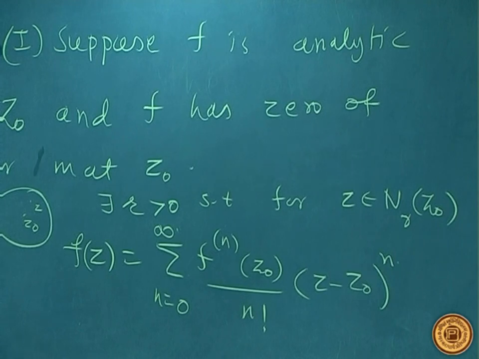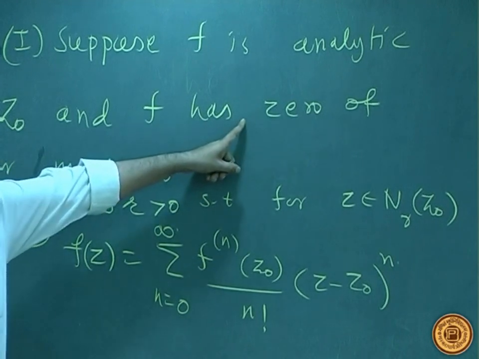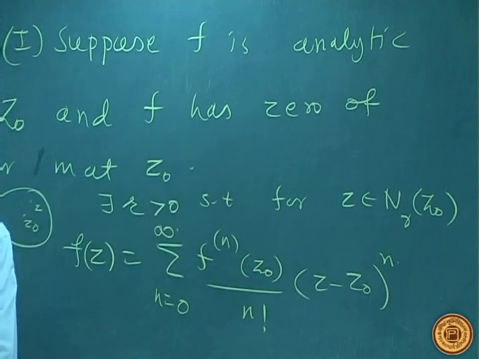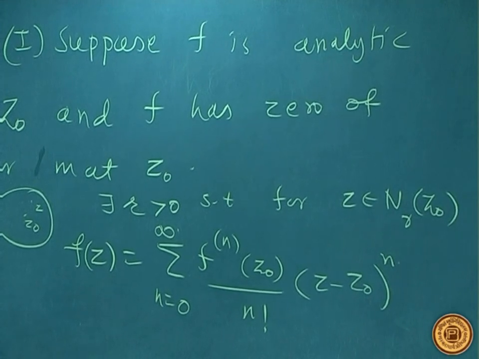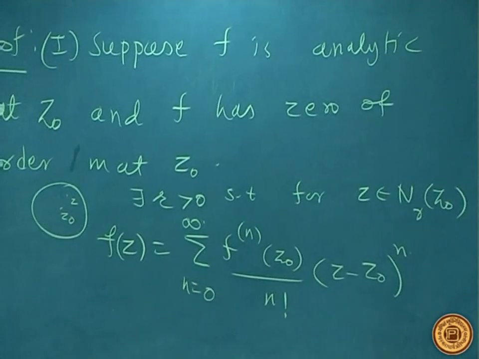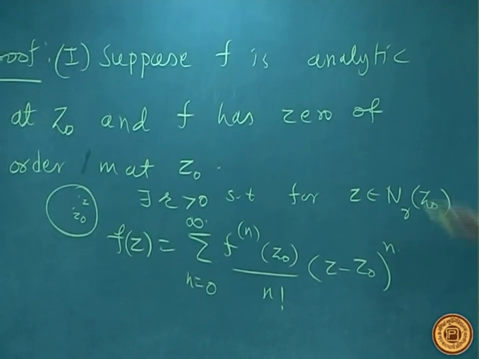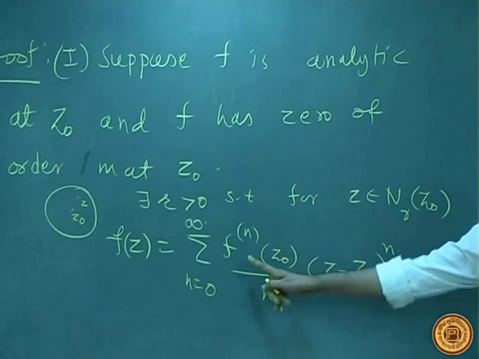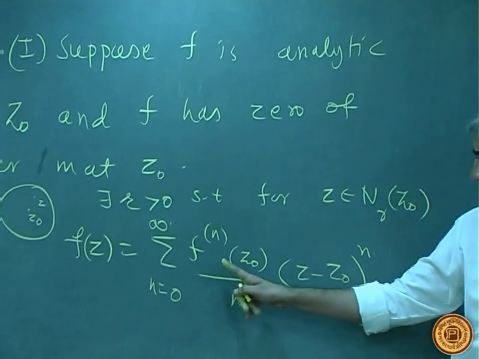Now apply the definition of f having a zero of order m at z naught. What is the definition? f(z naught) is 0, f dash z naught is 0, f double dash, up to the (m minus 1)th derivative. But then you see this term. So what is the first term, n equal to 0?